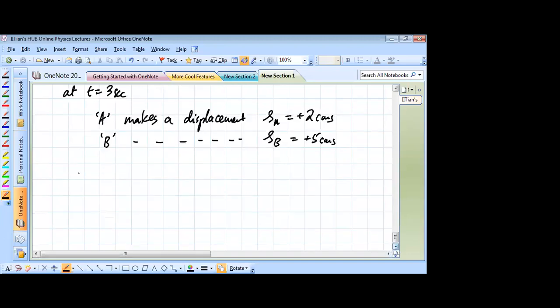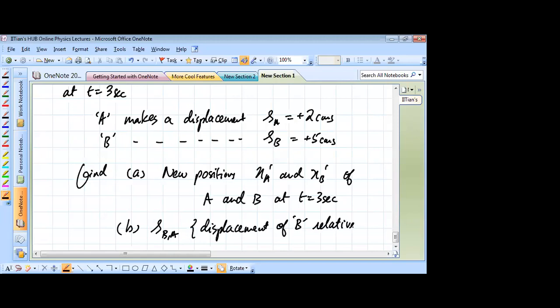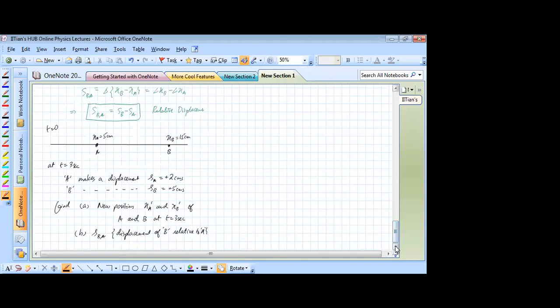We want to find the new positions xa prime and xb prime of A and B at t equal to 3 seconds. And we have to find this quantity: the displacement of B relative to A. Let's think of this as a more basic example. Then we'll come back to the question we were doing earlier today.